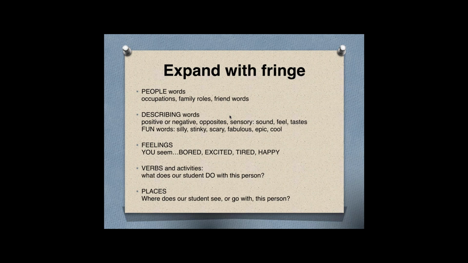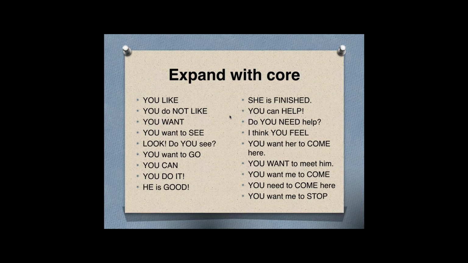So: you like, you do not like, you want to see, look, do you see, you want to go, you can, you do it, you can do it, he's good or that is not good, she's finished, you can help, do you need help, I think you feel, and then we can expand to the feelings page, or you want her to come here, you want me to come.